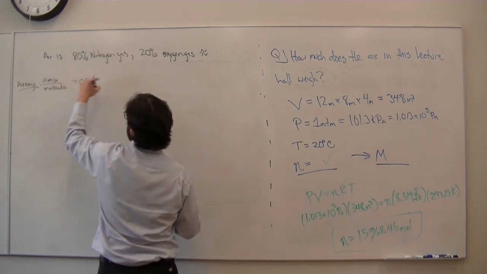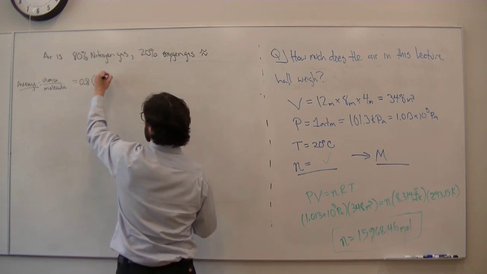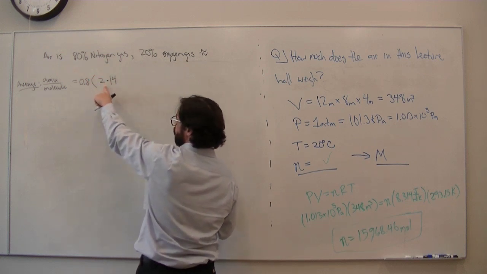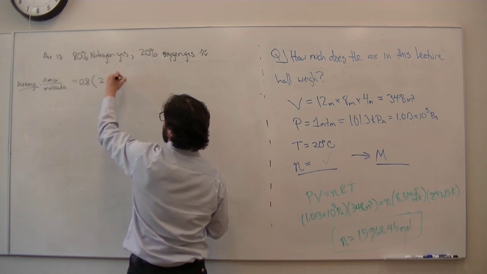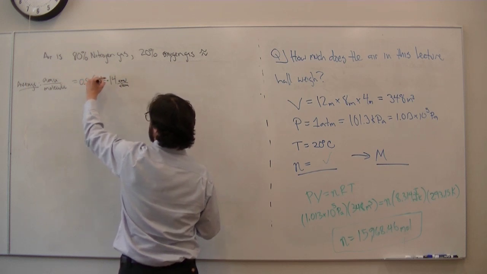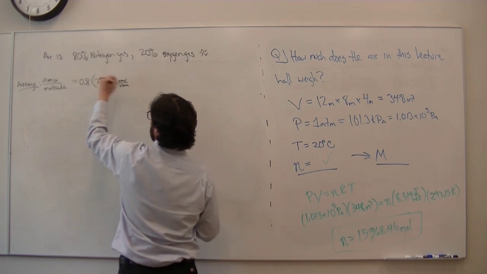So 0.8 nitrogen. What's the mass of nitrogen? Nitrogen has atomic mass 14, and nitrogen gas is 2 nitrogen atoms. So this is AMU per atom, and this is 2 atoms. Really pedantic about it.